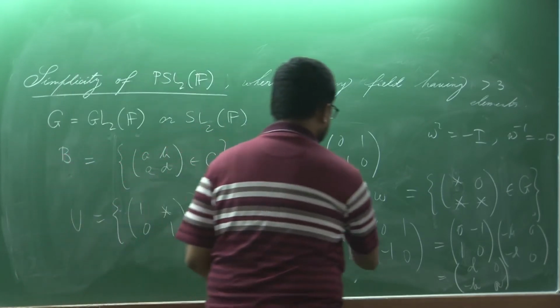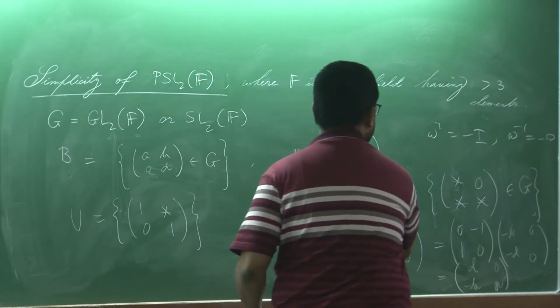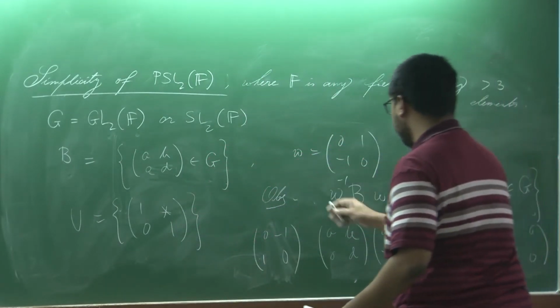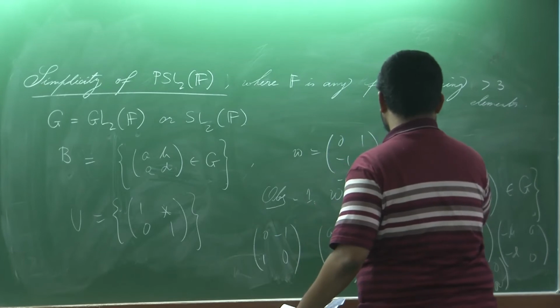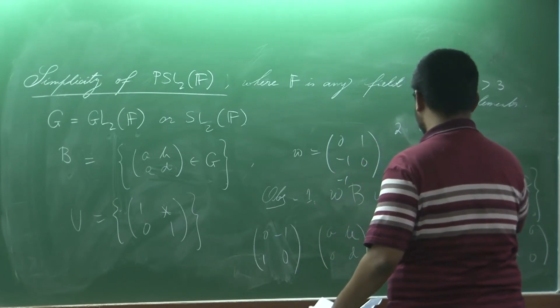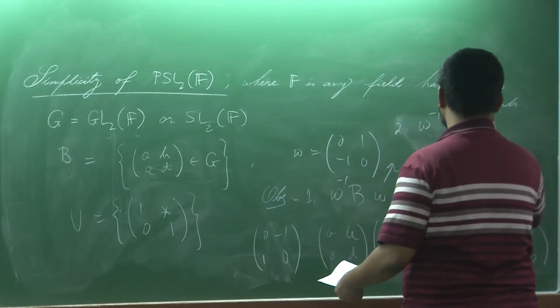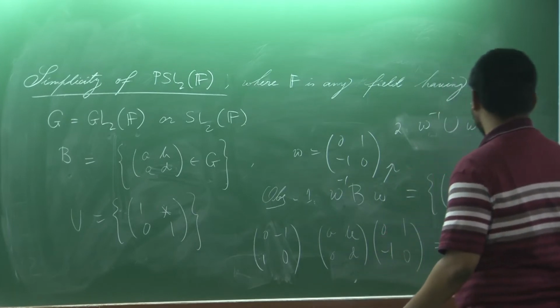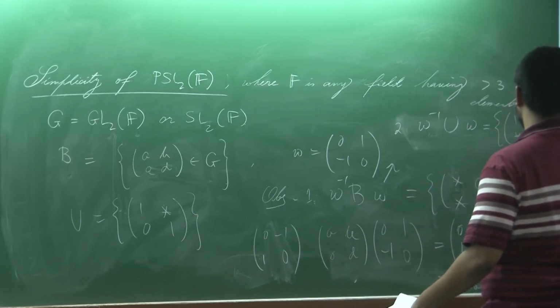So this is one observation; another observation I should also record here, which we are going to use, is that W inverse U W is precisely the matrix of this form.